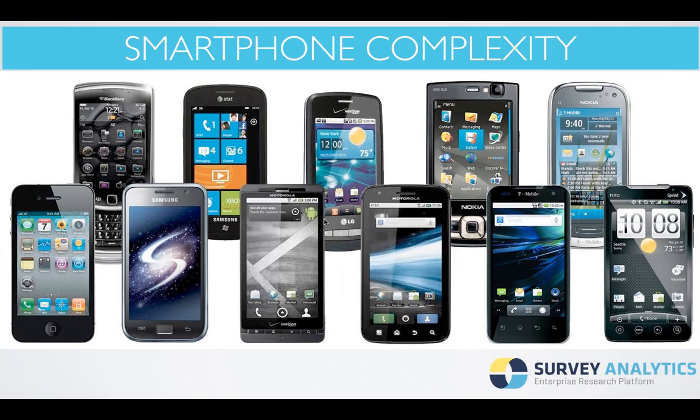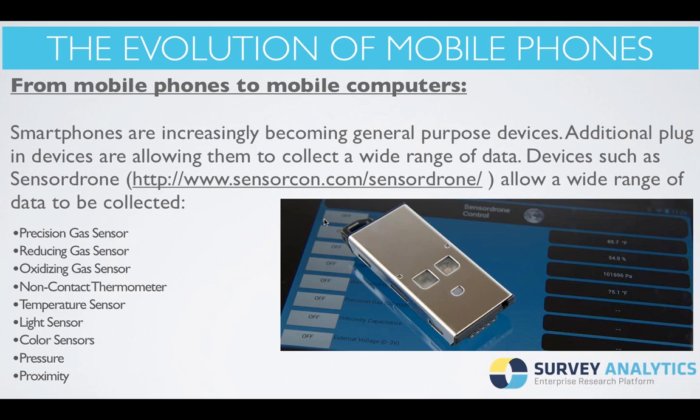As I mentioned before, smartphones are becoming increasingly complicated, and there are an increasing number of smartphones, with all sorts of different nuances, screen differences. But for us, we're really interested in how the smartphones are evolving to be mobile computers, because that's really what they are.